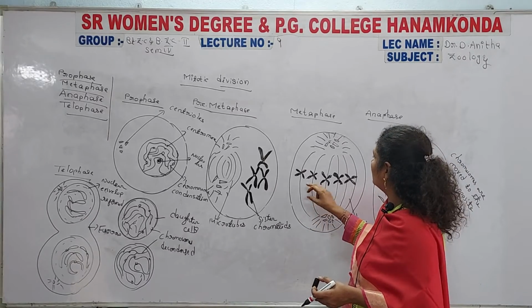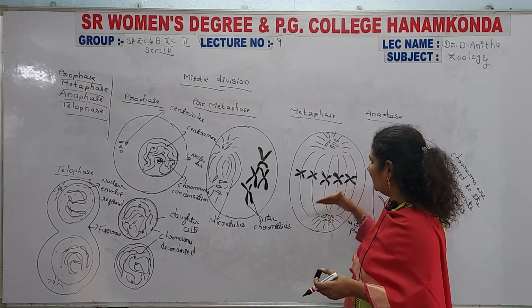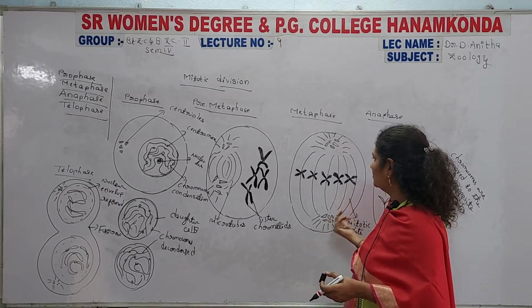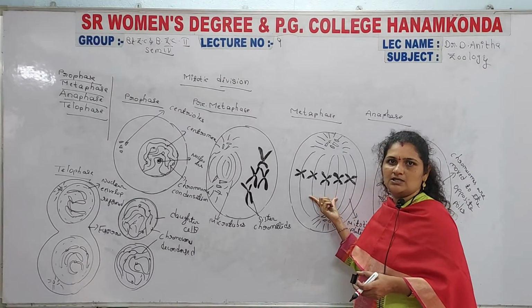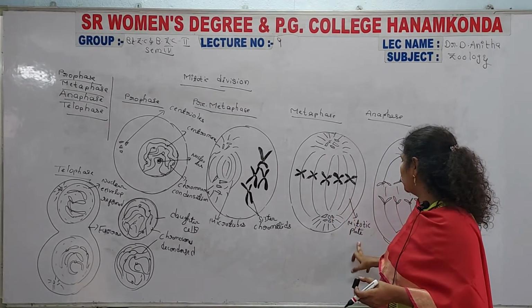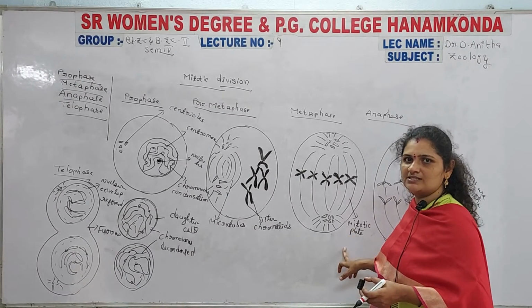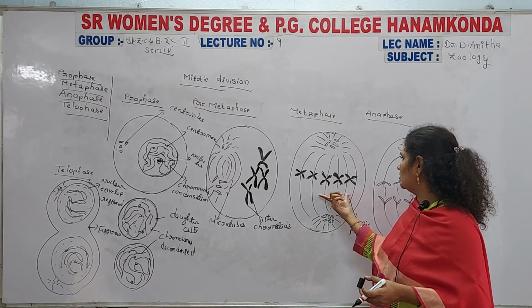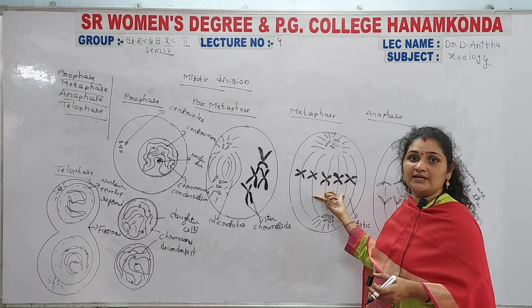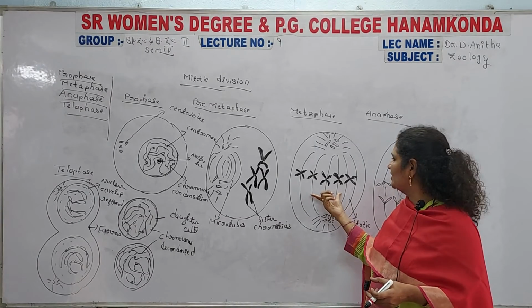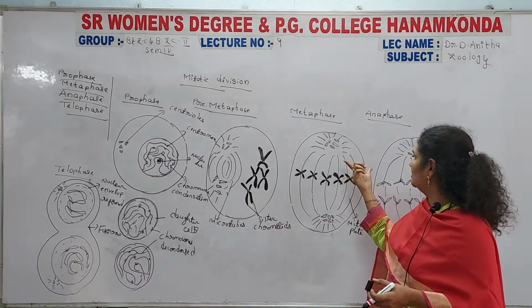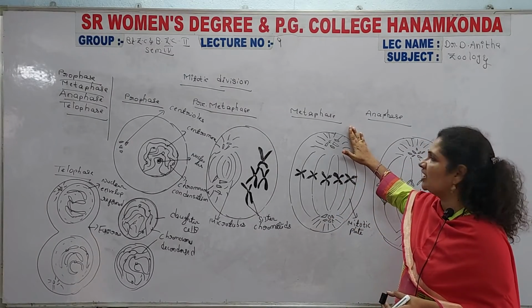The chromosomes reach the main middle part of the microtubules. That plate is considered the mitotic plate, and the chromosomes are arranged at the middle region of the microtubules, the mitotic plate. These changes occur inside the metaphase.